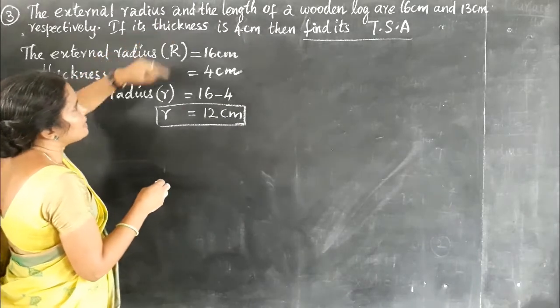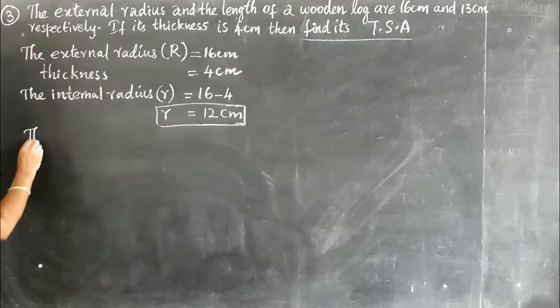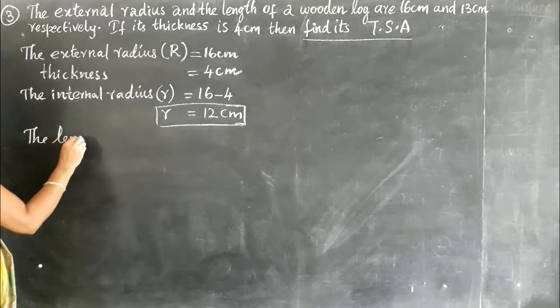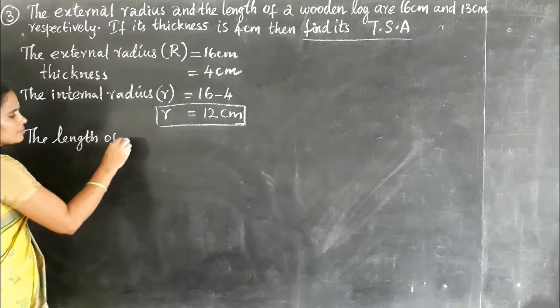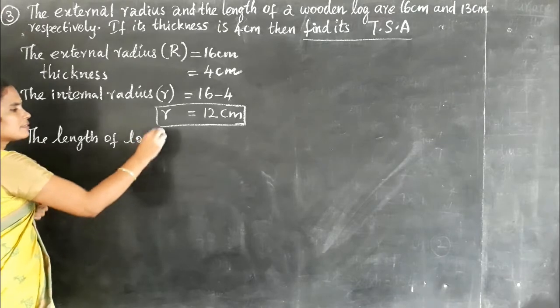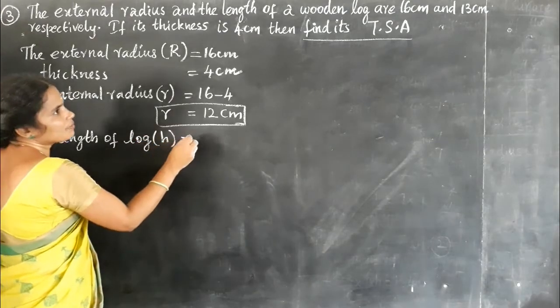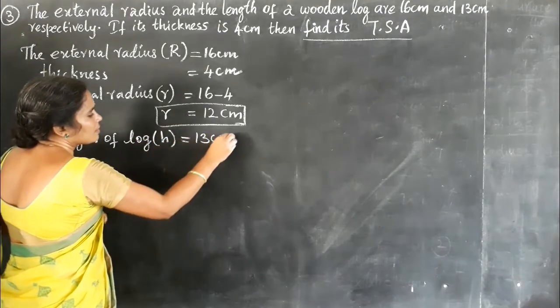And here it is given as the length of the wooden log. You can consider the length of the wooden log as height, h is equal to 13 centimeter.